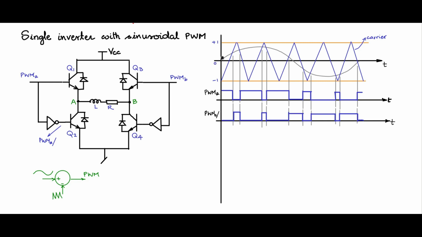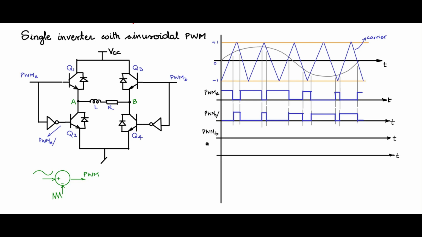Now for that, don't use the same modulating signal. If you are giving a modulating signal to A like this, then for B, you give a modulating signal which is 180 degrees phase shifted, so that when this is at positive peak, that will be at negative peak. So there will be a voltage difference across A and B. So you do the following to generate PWM B and PWM B bar.